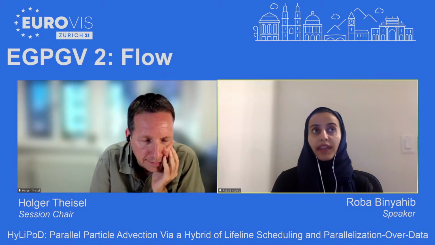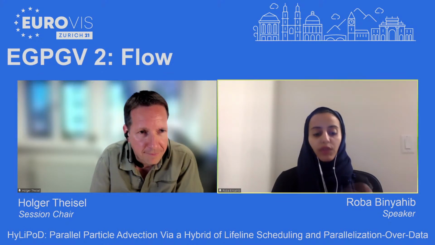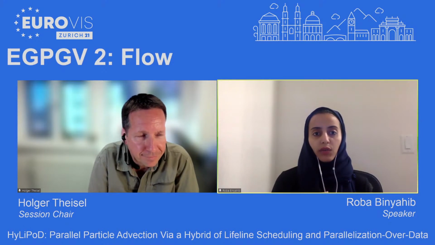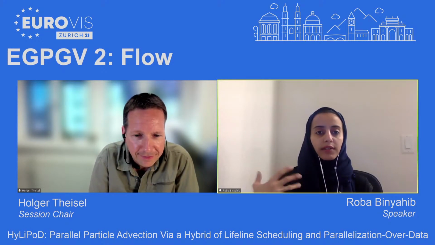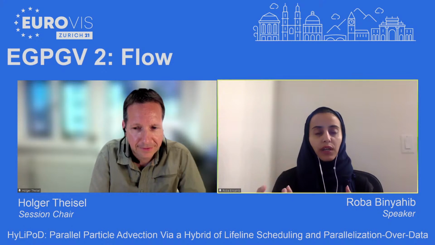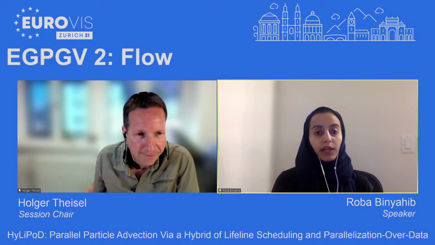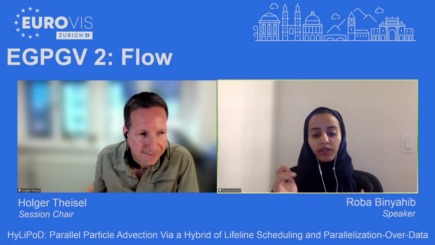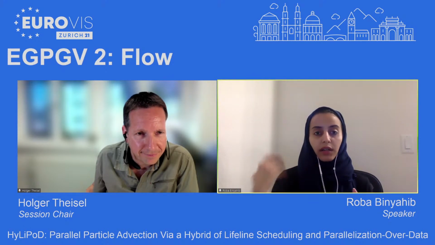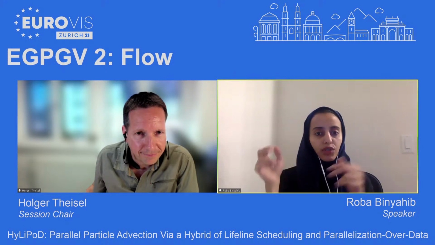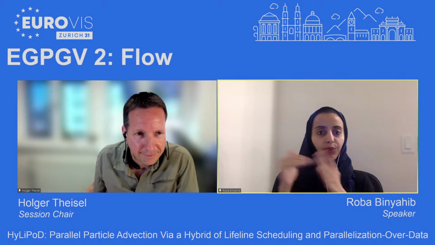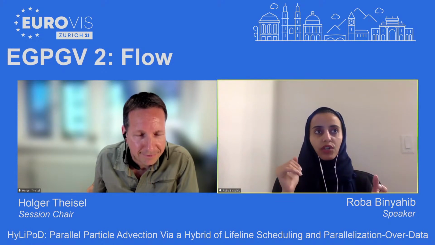Yes, so I think it would. I mean, we focused on this study on steady state, and I think still some of the lessons we took from steady state we can apply to unsteady state. But for unsteady state, your seeding position changes from one time step to another, so that will change the behavior of the algorithm and the performance.